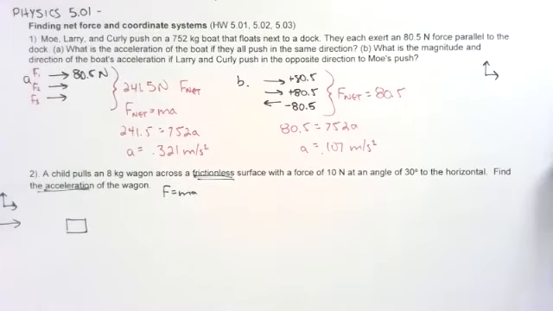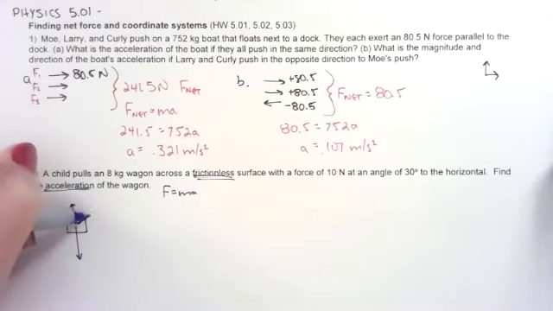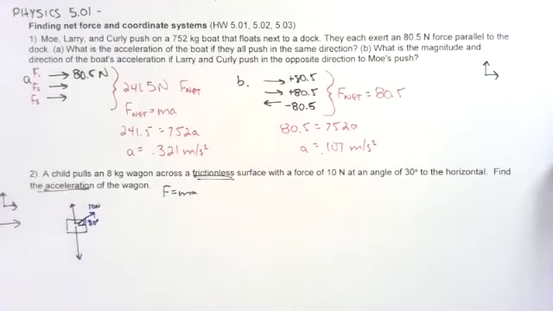All right, so I have my weight vector, my normal force, and a 10 Newton force at a 30-degree angle. Okay, I'm going to redraw that 10 Newton force.